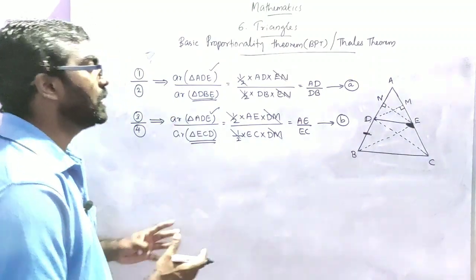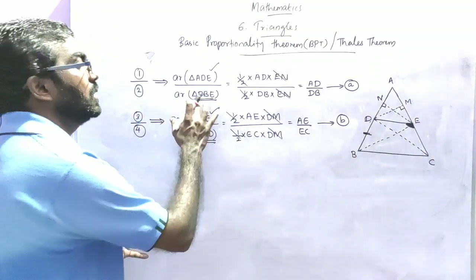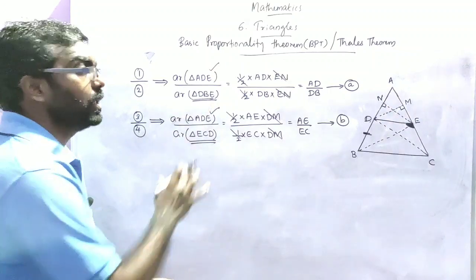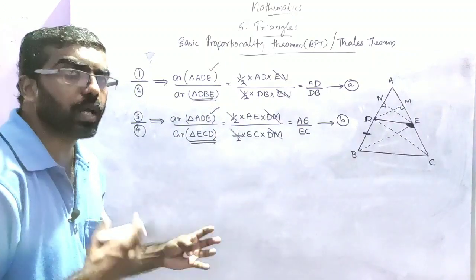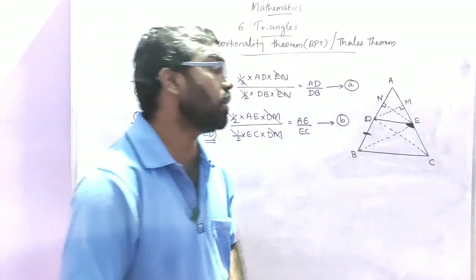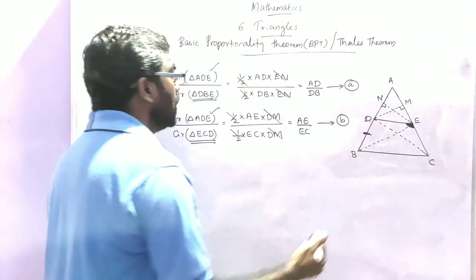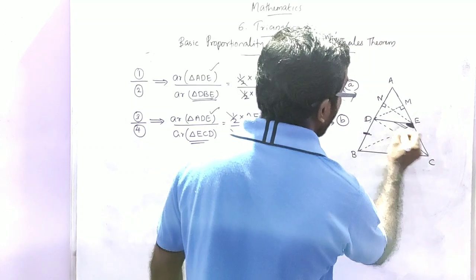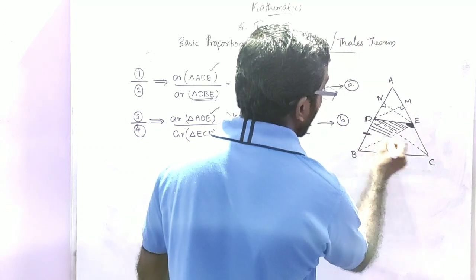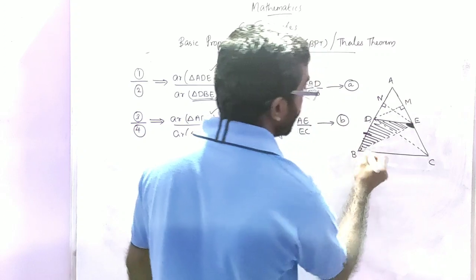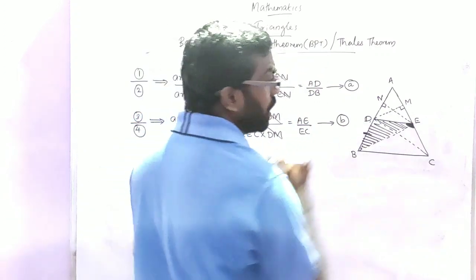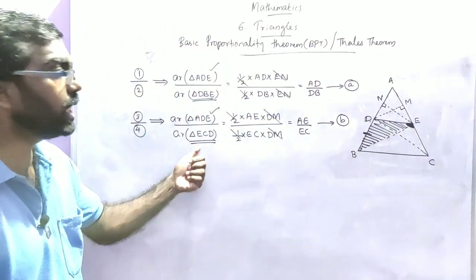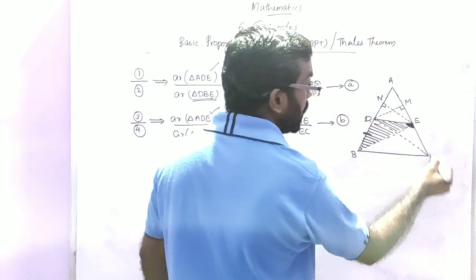Okay, so in the LHS part the only difference is the denominators DBE and ECD. So we have to check whether they are equal or not. Look at the figure, area of triangle DBE, this is triangle DBE, and another one is ECD.